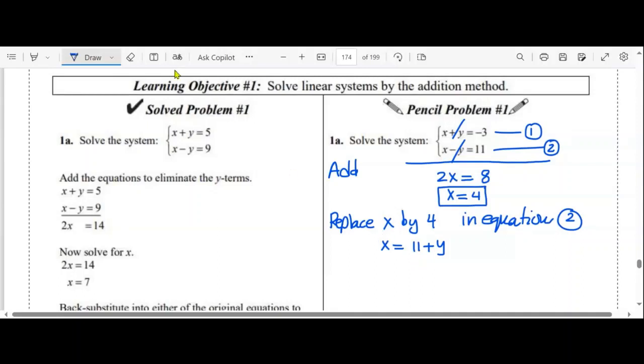No, actually you should do the opposite. Negative y equals negative x plus 11, and y equals x minus 11. How much is x? 4, correct? So your answer will be negative 7.